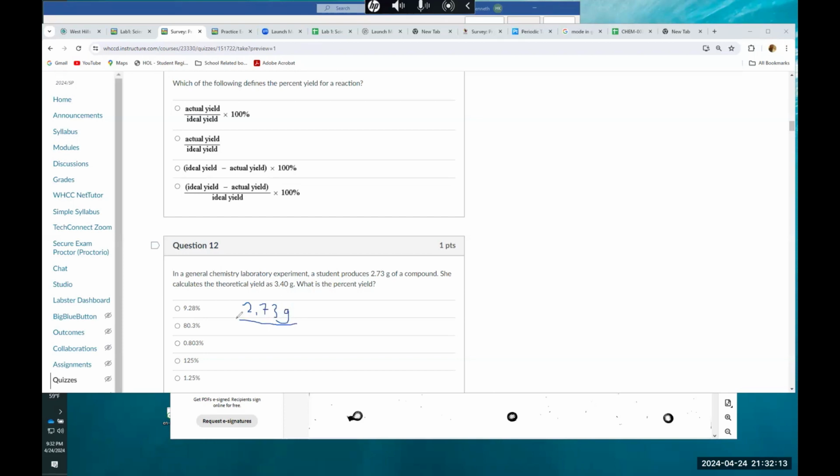I'm going to divide it by my theoretical or ideal, 3.40 grams, and multiply by 100. What do you guys get? 9.28% because of 3 significant figures.